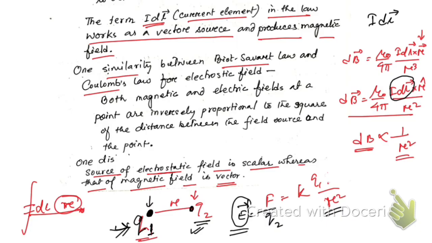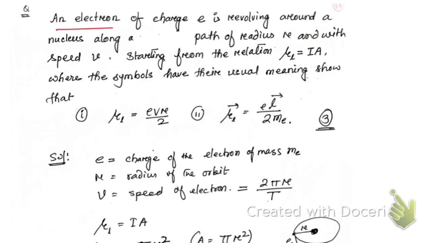Now let me take the next question. An electron of charge e revolving around a nucleus. So this is the nucleus of an atom which is obviously positively charged, and the electron, which is negatively charged, is revolving around it with radius r, and it is revolving with a speed v.